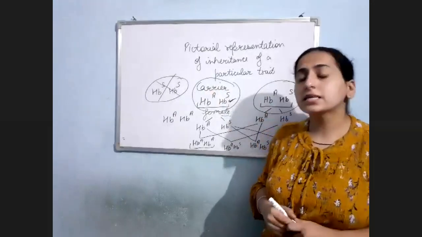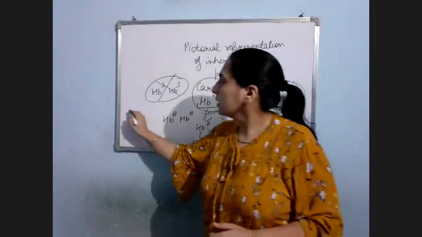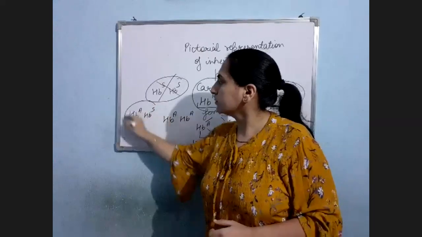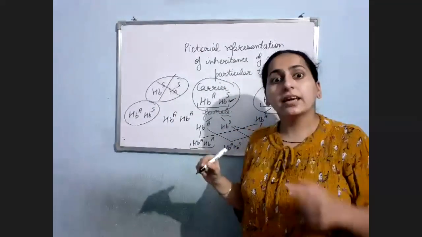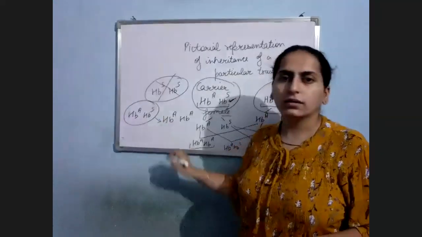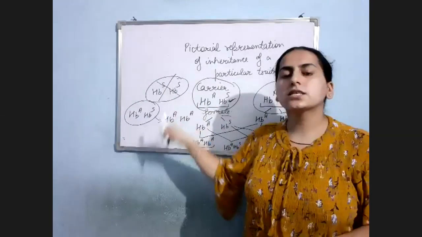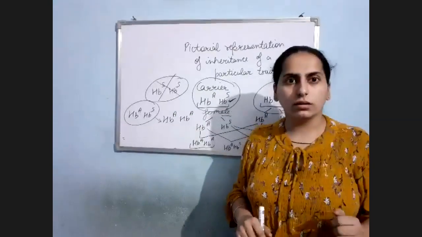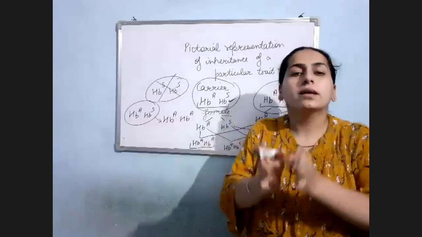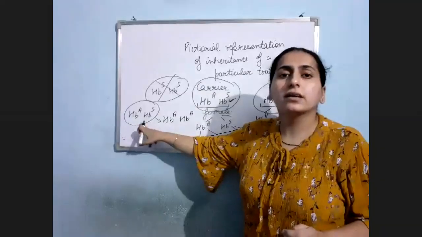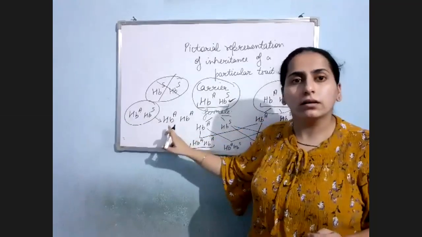So they would arrange the marriage accordingly. Suppose an HBA, HBS girl is there. Then if she would have married a normal man, the chances of sickle cell anemia in their baby would be 0. If they had done the pedigree, they would know that this type of carrier should marry the normal one.